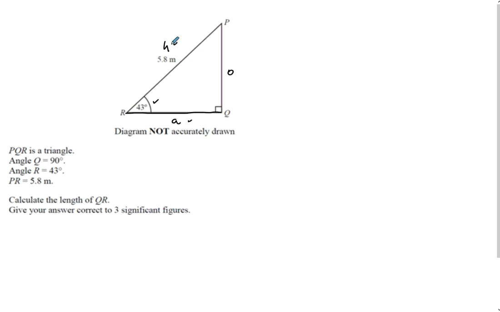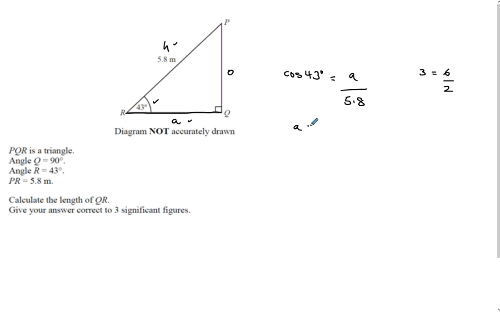So because we want the A, we've got the H, we use the AH, which is the cos. So you go cos of 43 equals A, which we don't have, over the H, which is 5.8. And again, if we use the 3 equals 6 divided by 2, you can tell A would be that times that.